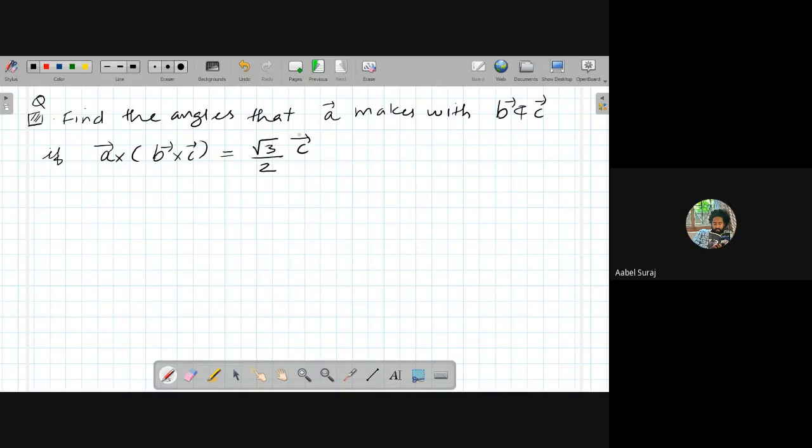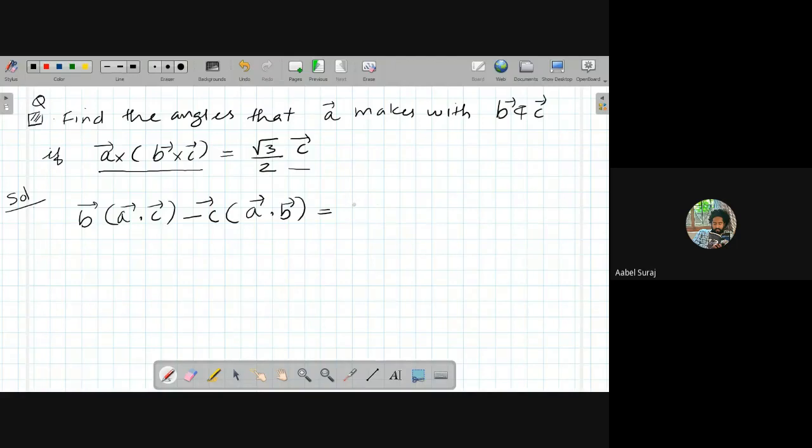So how will you do it? First of all, you have been given this. If you expand this, it will be B into A dot C minus C into A dot B, and that is equal to this.